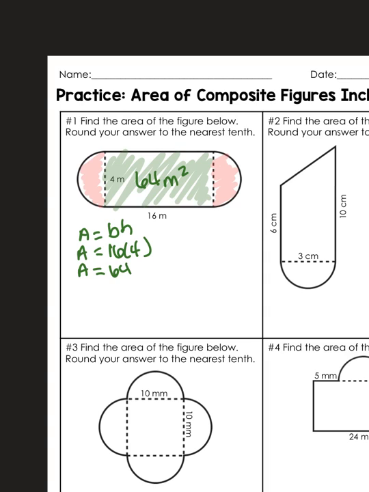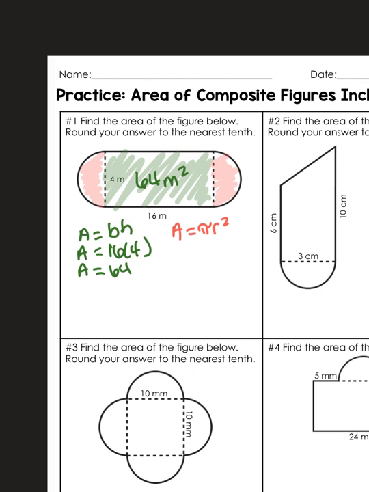Now I'm going to use the formula for a circle, area equals pi r squared, to find the area of both this part right here and this right here. That'll be that together. Okay, so back to what we've been saying in the past, this 4 is not my radius, that's my diameter.